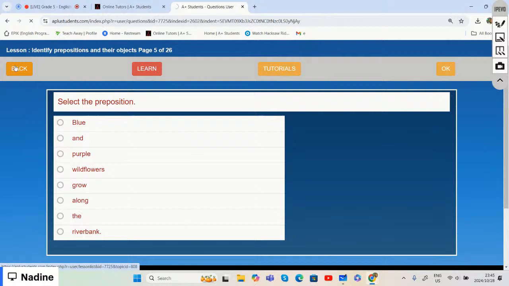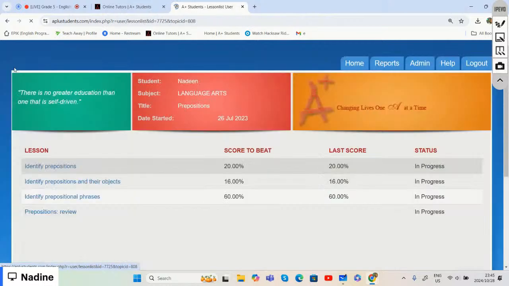All right, so this is now the end of our lesson on preposition. We said a preposition comes before a noun or a pronoun.